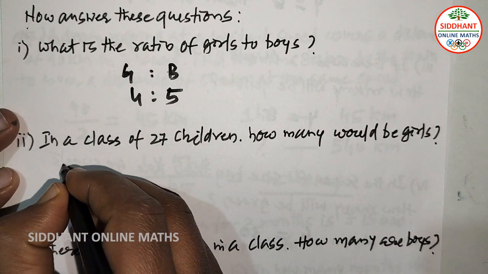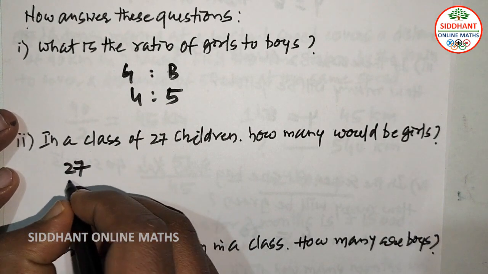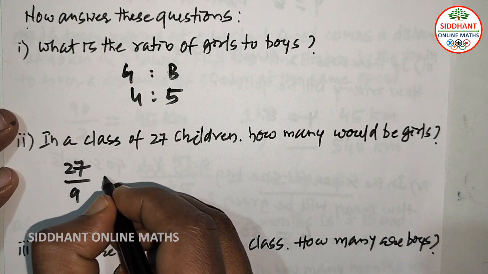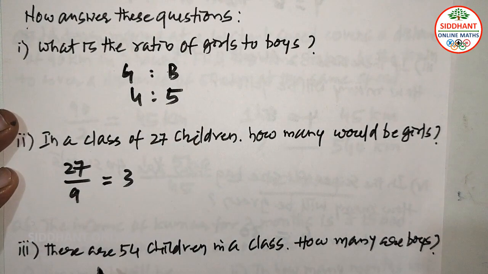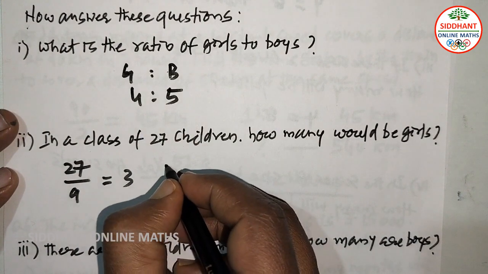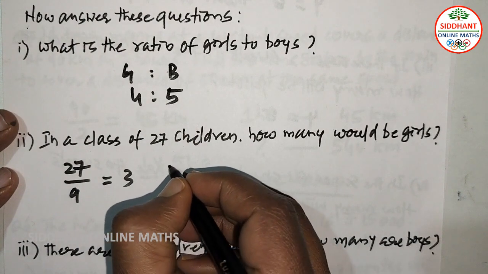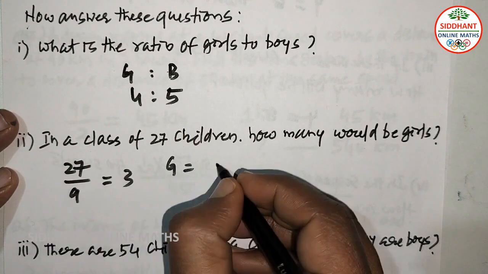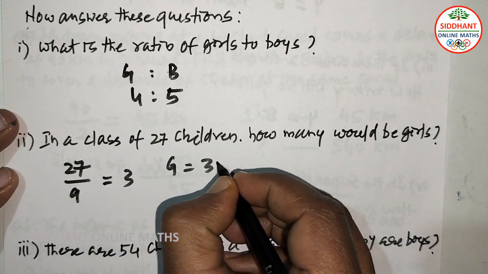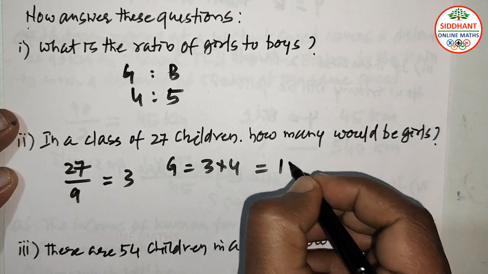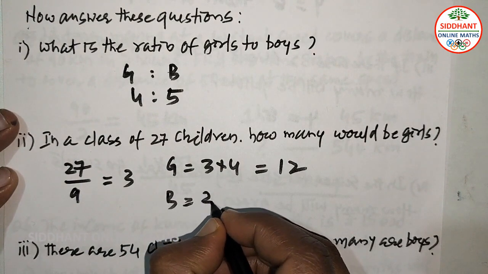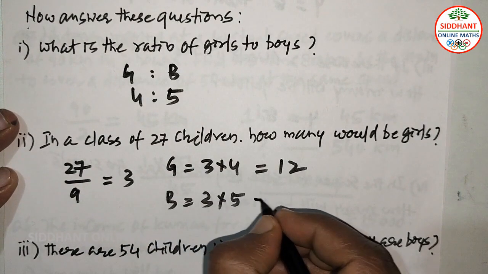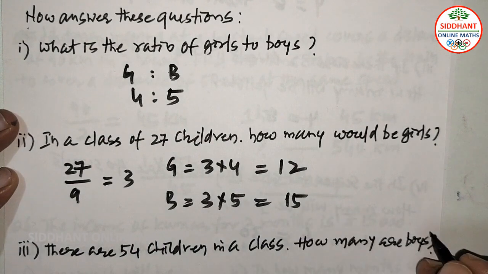So 27 children divided by 9 parts, that means 4 plus 5 is 9, you get 3 here. So if you are going to find how many girls, it means 3 into 4, that will be 12 girls. How many boys, 3 into 5, that will be 15.